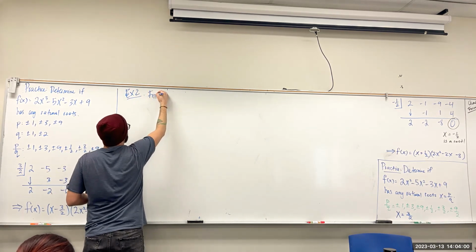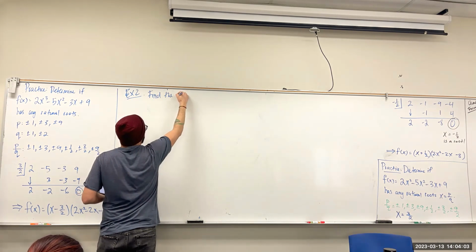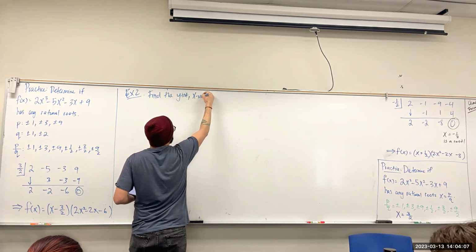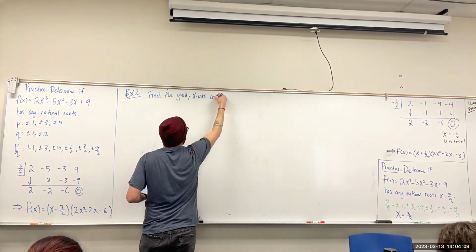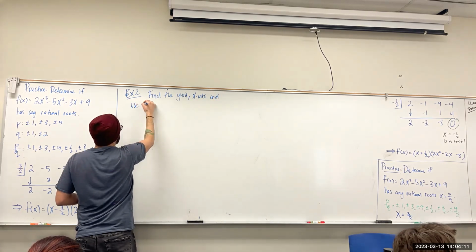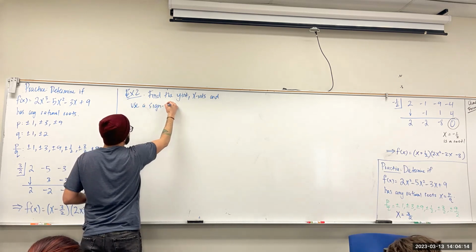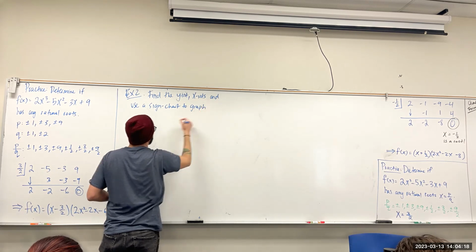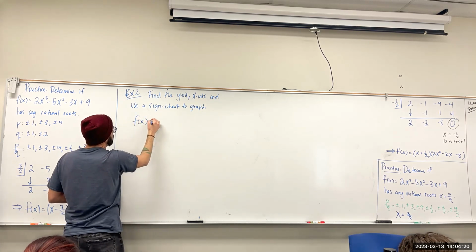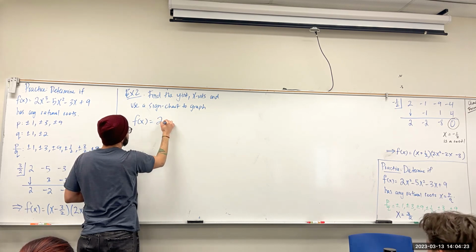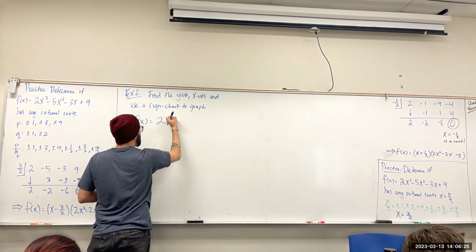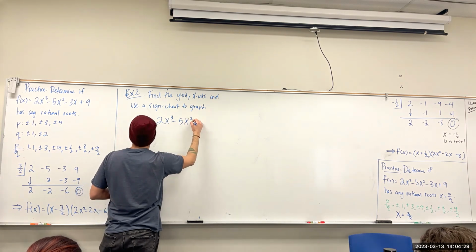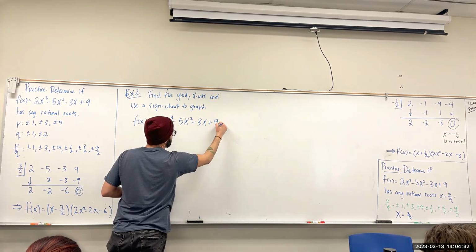Find the y-intercept, x-intercepts, and use a sign chart to graph the polynomial, which is the same one you just did, 2x cubed minus 5x squared minus 3x.